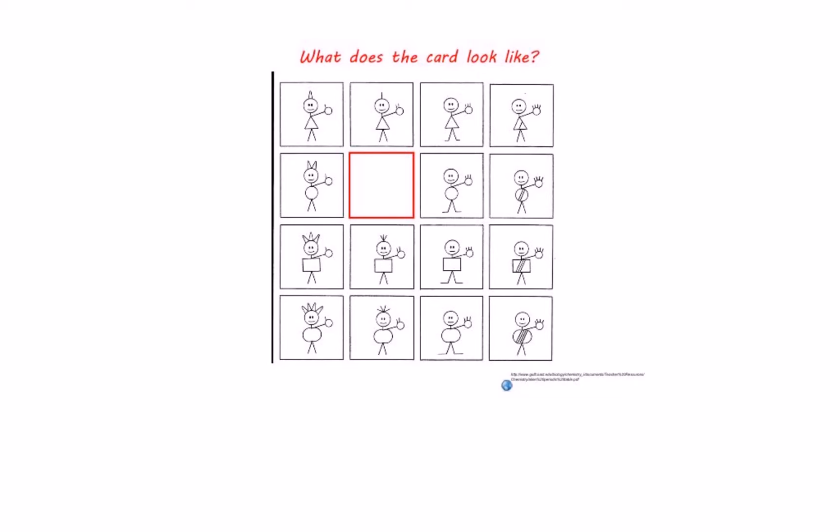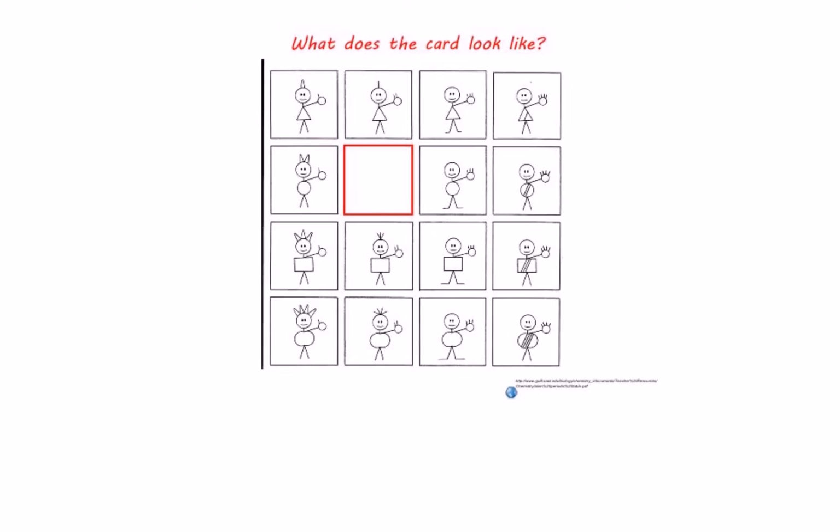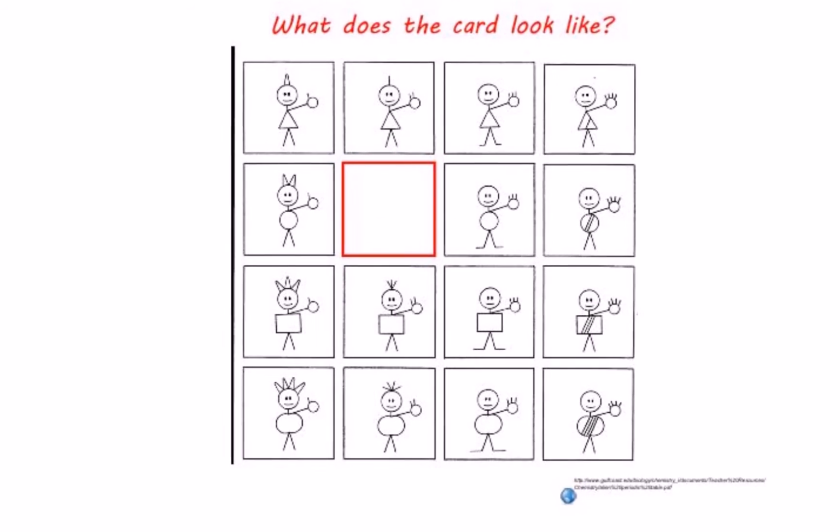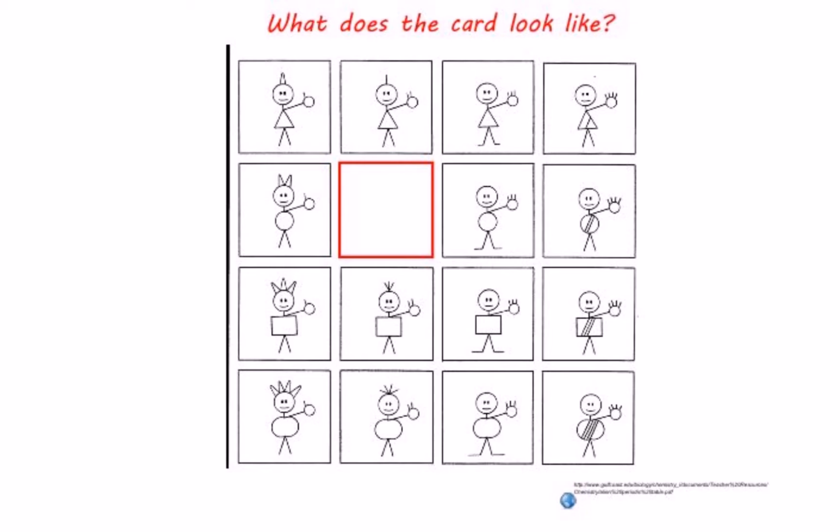Hopefully you got a chance to look at this very carefully, and hopefully you noticed that there are some patterns. I notice there's a pattern right here. If I look across each row on this table, all of these aliens have a similar body shape.